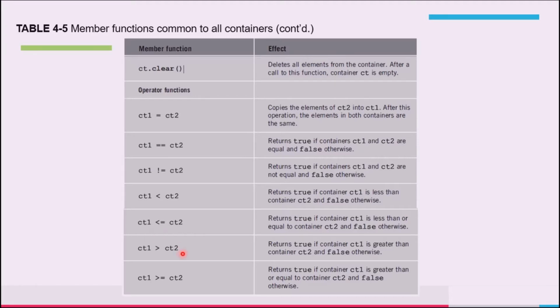The next expression, city1 > city2, returns true if container city1 is greater than city2 and false otherwise. And the last one, city1 >= city2, returns true if container city1 is greater than or equal to container city2 and false otherwise. So you can perform these operator functions for these containers.